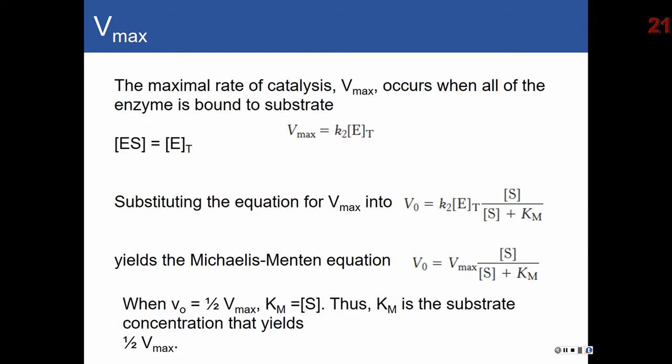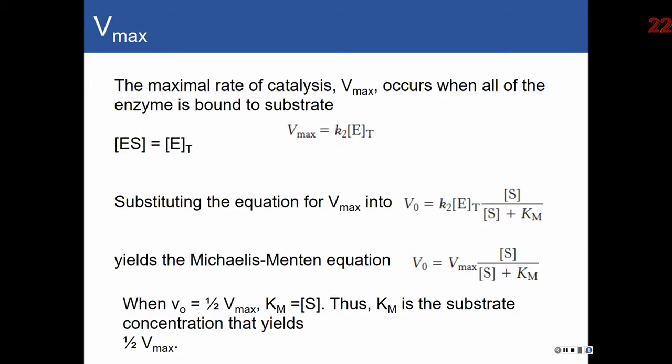Remember how I taught you about beta secretase in Alzheimer's disease, they saw an increase in the Vmax of beta secretase. So this is exactly what happened. So Vmax is equal to K sub 2 times E sub T, which is the total amount of enzyme.